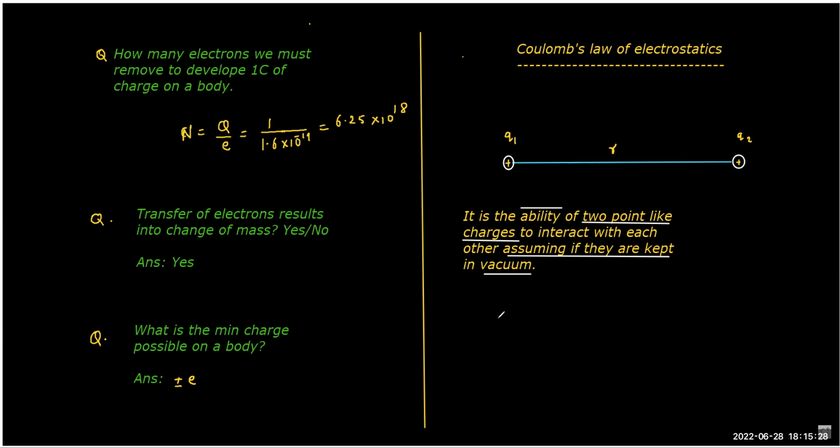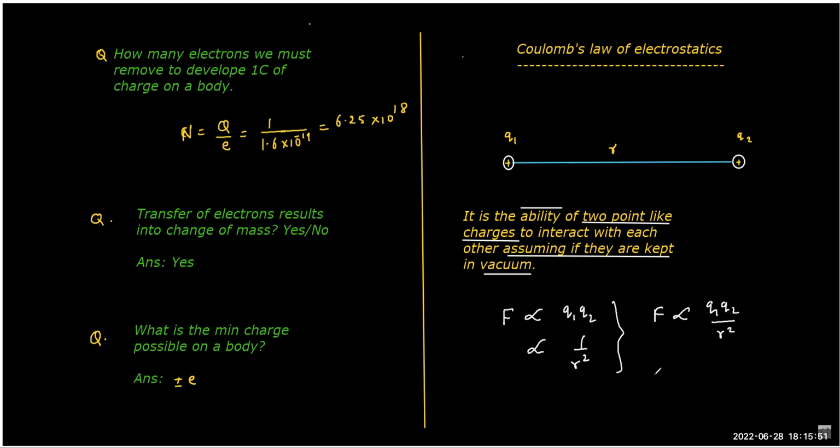What Coulomb said is that the force of interaction between two point-like charges, assuming they are kept in a vacuum, is proportional to the product of charges and inversely proportional to the square of the separation. Pretty much straightforward. We know this fact, and therefore the force is proportional to Q1 Q2 upon R square.